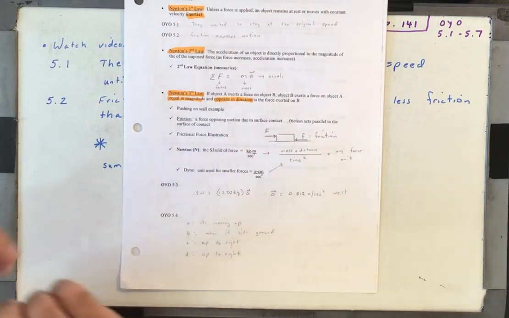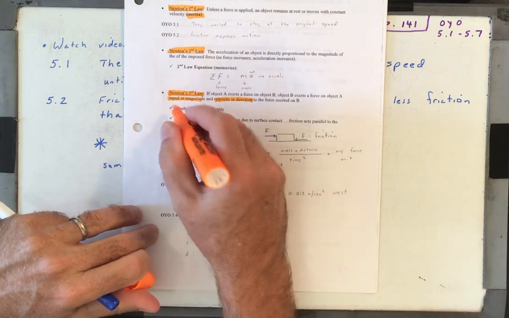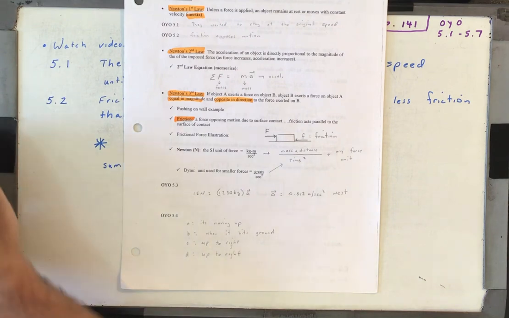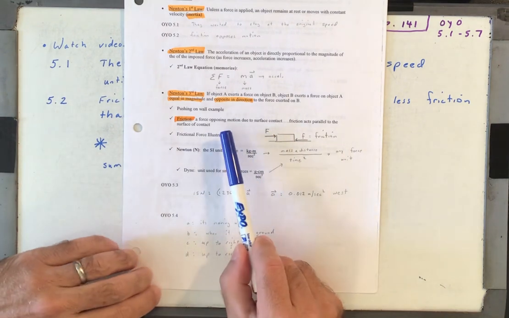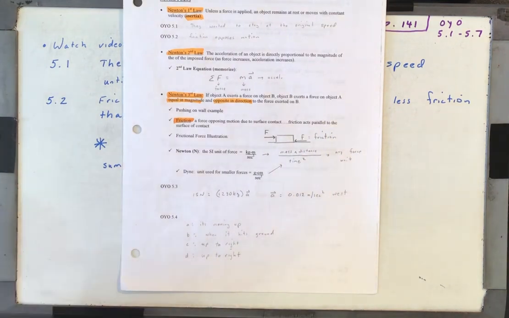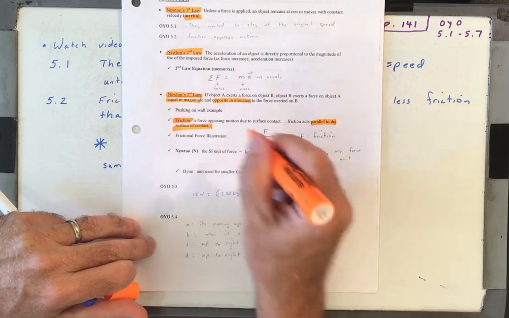All right, so friction, I said we were going to talk about that a little bit, and that's such an important concept in Chapter 5 and Chapter 6. It is a force opposing motion due to surface contact. Friction acts parallel to the surface of contact. All right, so you've got a little space here.